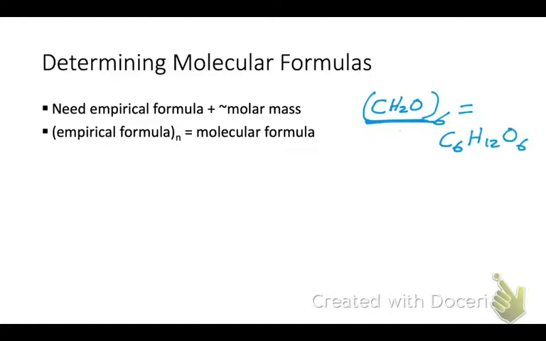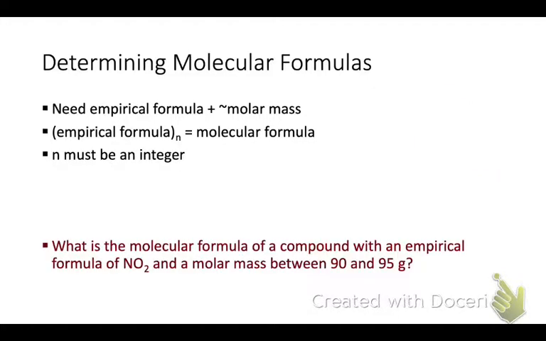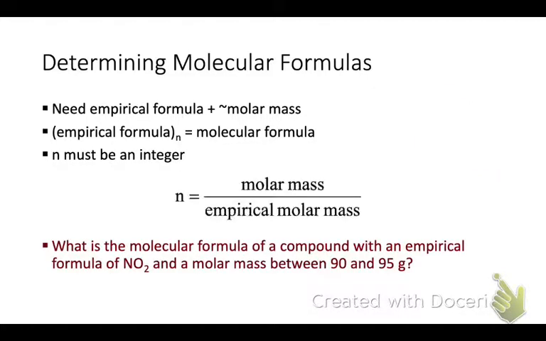So the key to get the molecular formula is to know this number. How many empirical formulas are there in one molecular formula? And to do so, you need to do the following: N, which is the number I want to calculate, will equal the molar mass divided by the empirical formula molar mass.